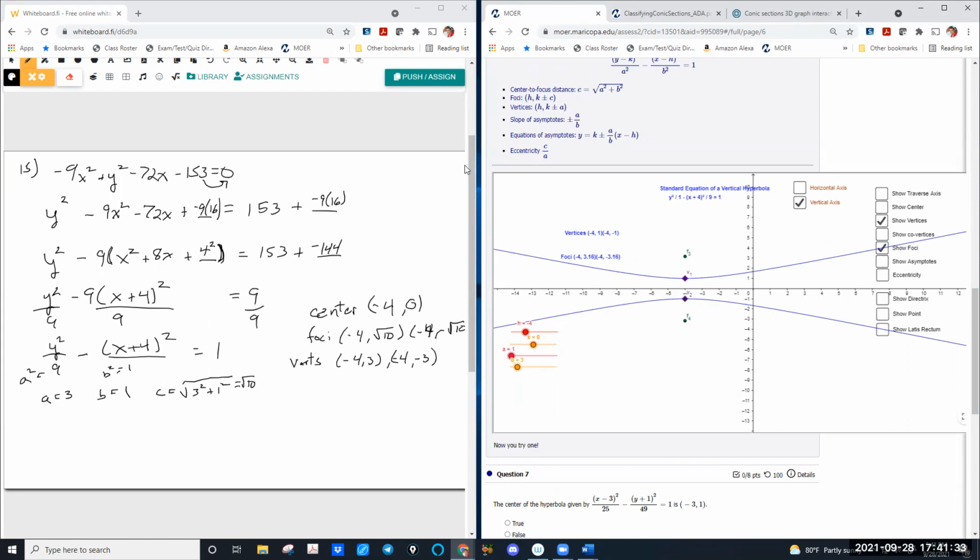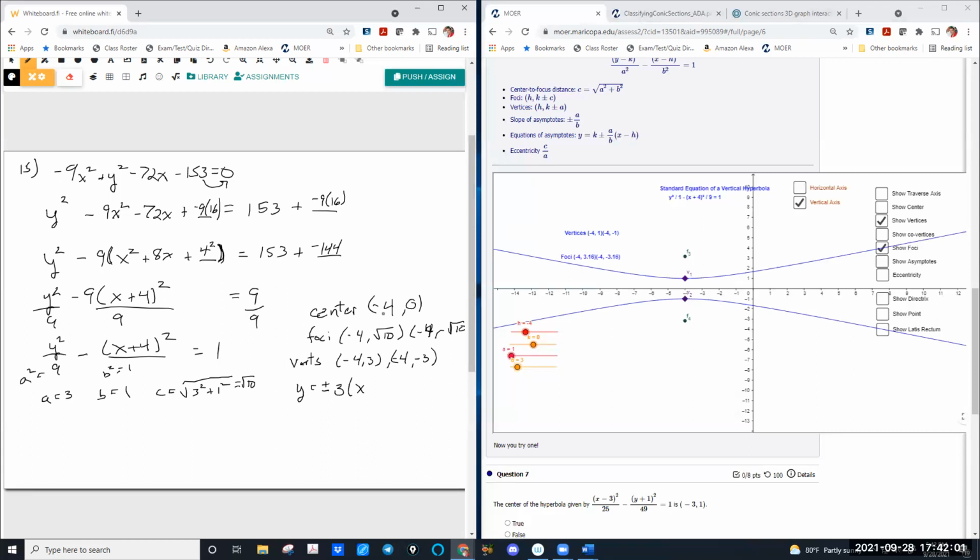We can find the asymptotes. To find the asymptotes right here, y equals k. Now k is 0 for ours because it is sitting on the x-axis. So we're going to have 2 of them. We're going to have plus and minus a over b. So 3 over 1 times x minus h.